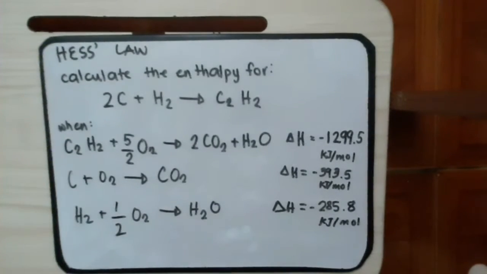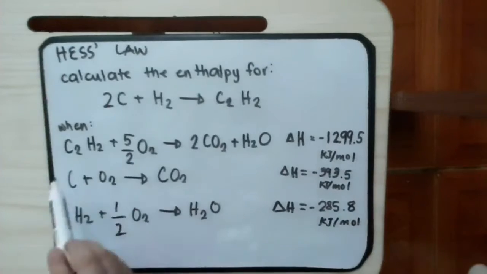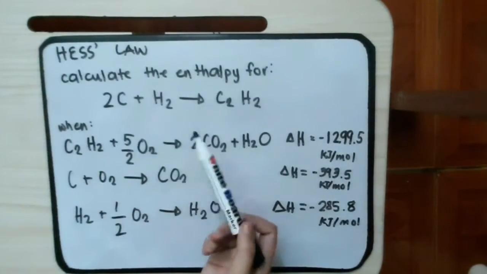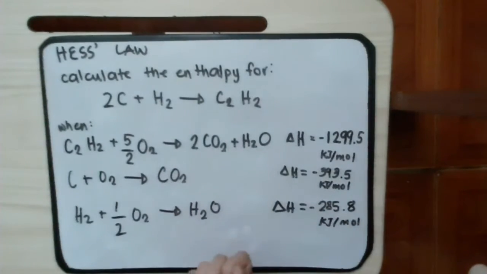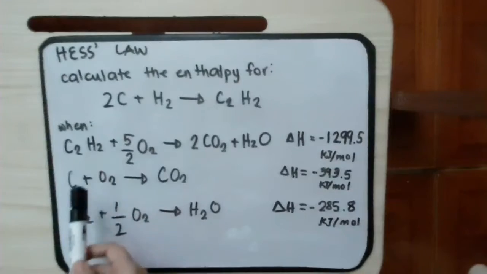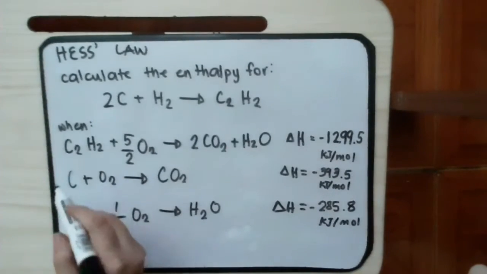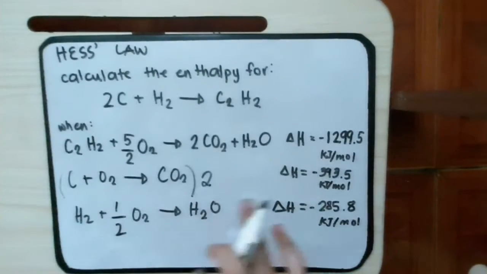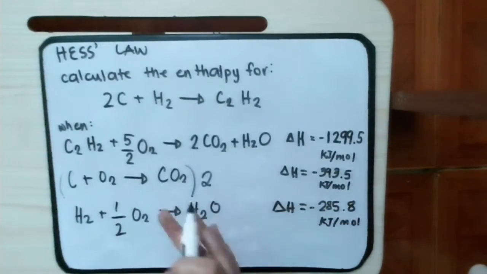So, first, manipulate these three equations so that they could add up to the target equation. First, we have to reverse this whole first equation. Second, since we have two C's here and only one C here, we multiply this by 2, and always remember that whatever you do on one side, you have to do the same on the other side.